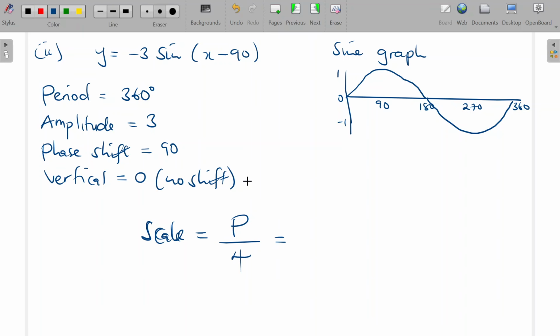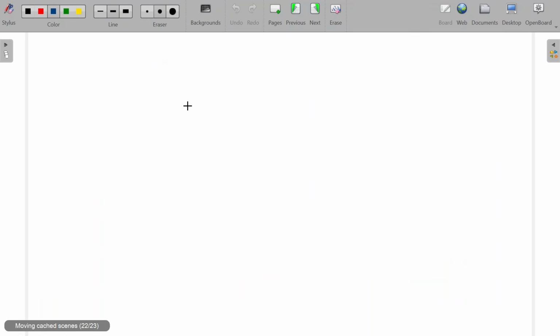The period in this case is 360, so 360 divided by 4 means our scale is equal to 90 degrees. After every 90 degrees, the graph will be turning. That's what the scale tells us. So in this case, we are going to start and write this.